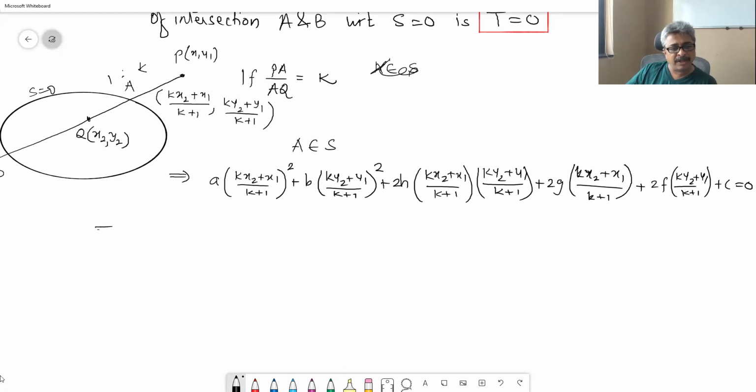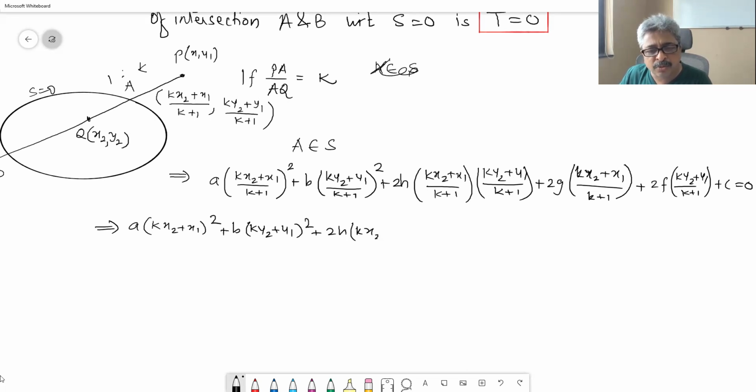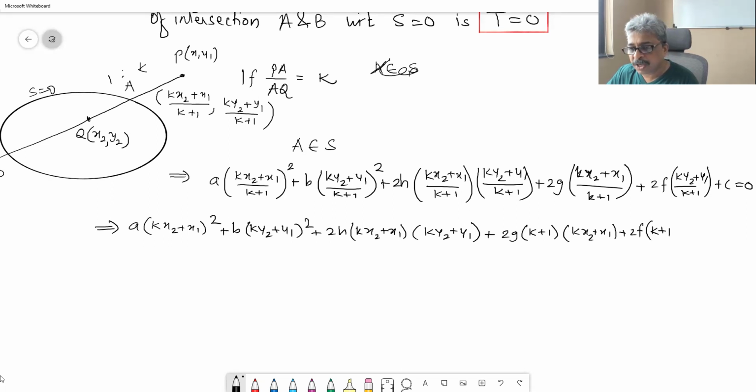Now it is algebra that we need to deal with. The best way is to multiply every term by (k plus 1) square. Let me write it in one step: the (k plus 1) square will vanish, so I get a into (kx2 plus x1) square plus b into (ky2 plus y1) square plus 2h into (kx2 plus x1) into (ky2 plus y1) plus 2g (k plus 1)(kx2 plus x1) plus 2f (k plus 1)(ky2 plus y1) plus c (k plus 1) square is equal to 0.